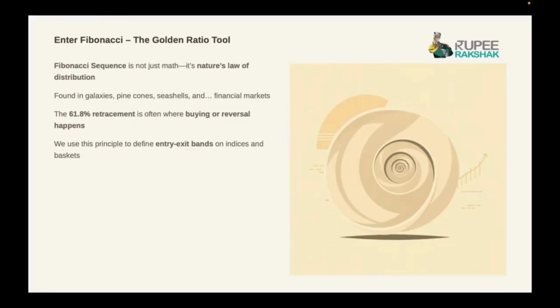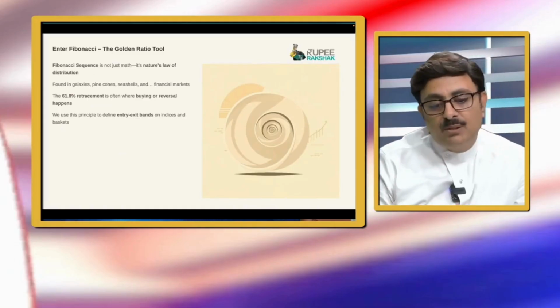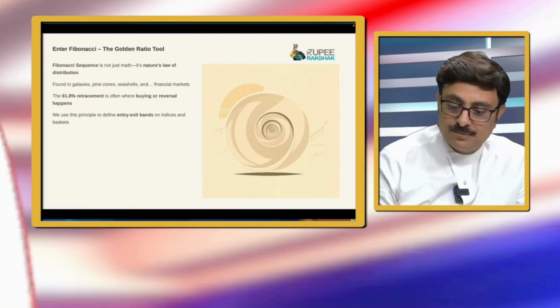So if it goes beyond 61%, it is likely to come down, then go up again. To find those exact reversals, these Fibonacci levels are used, and we actually use a 50% rule. We don't even wait till 61.8%. So we use this principle to define entry and exit bands on indices and our baskets.